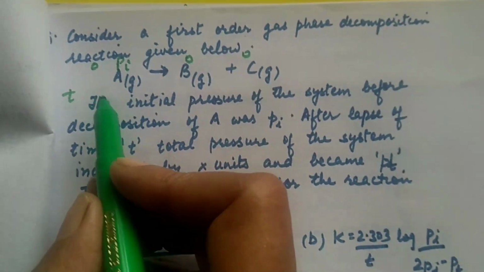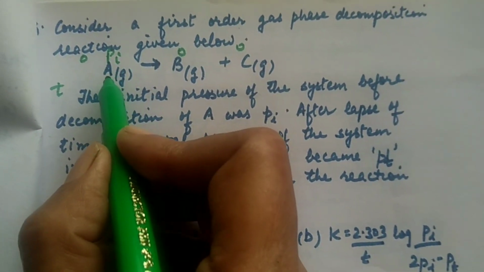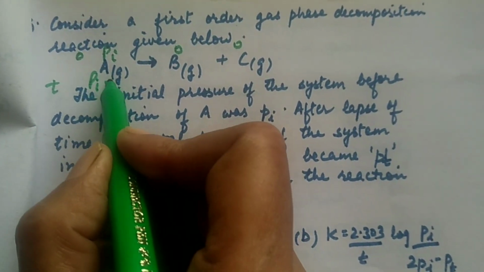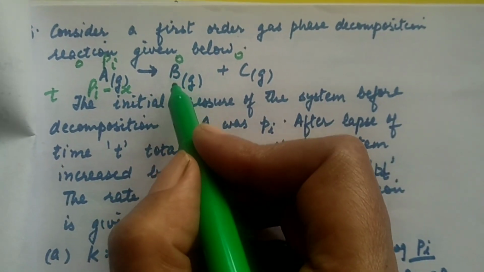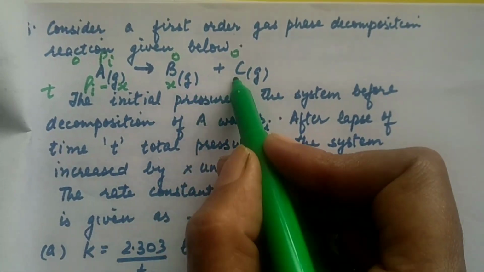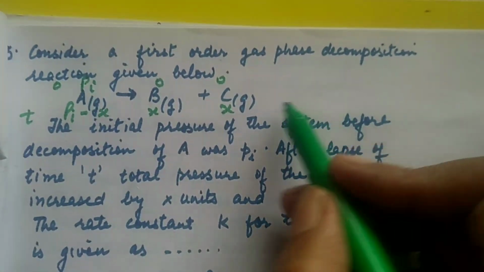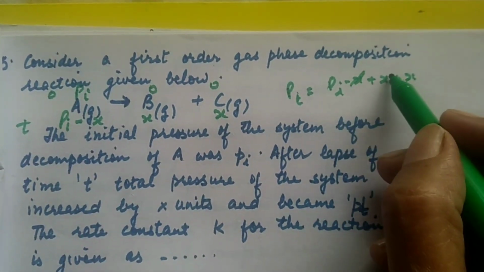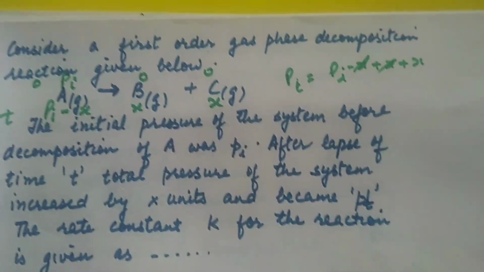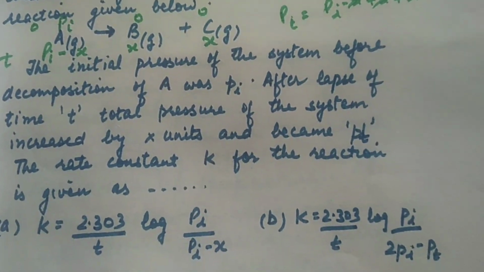So at time t, the pressure due to A will be Pi minus x. Pressure due to B will be x, due to C will be x, and total pressure will become Pi plus x.